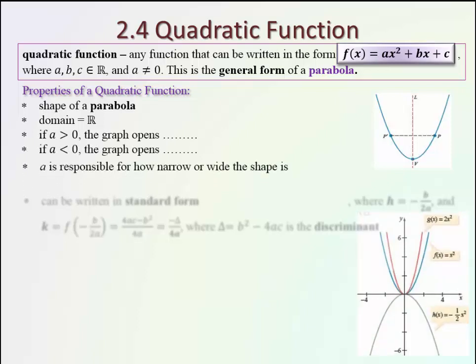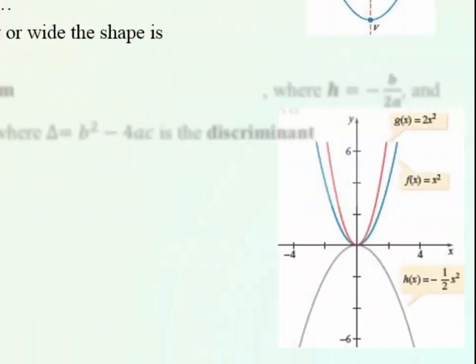How does the coefficient a influence the graph? Well, if a is positive, for example, here we have two functions, with a equals 1, just a basic x squared, the blue one, and the red one, 2x squared. If you observe, the value at 1 is approximately here, and 1 squared is also 1, so 1 results in a value 1, and that's the point that belongs to the graph.